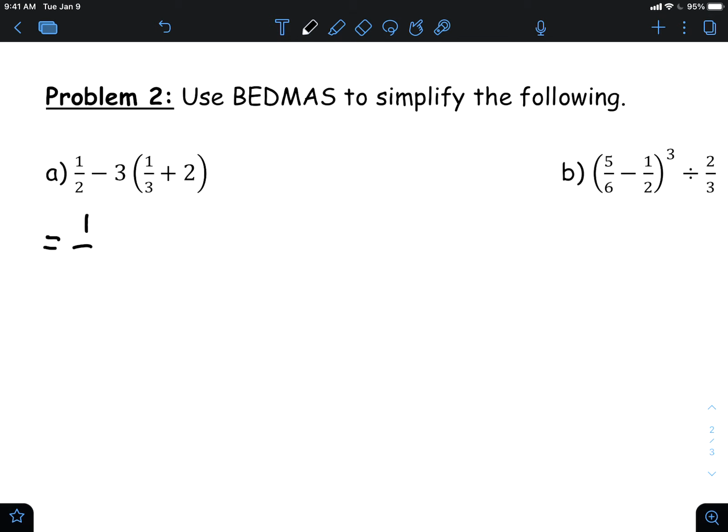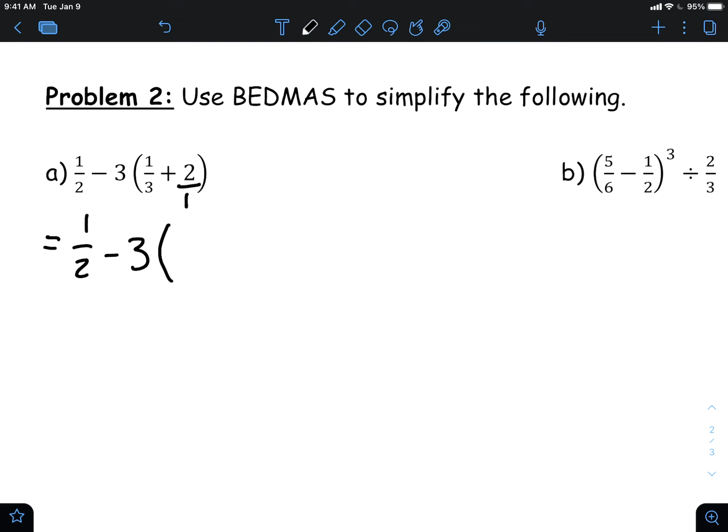So that's the same as saying 1 over 2 minus 3 times. And we want to put this one in terms of lowest common denominators. Now 2 doesn't look like a fraction, but we can always divide by 1. So essentially we just want to find the lowest common denominator between 3 and 1.